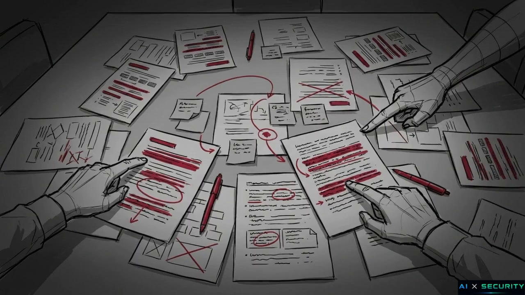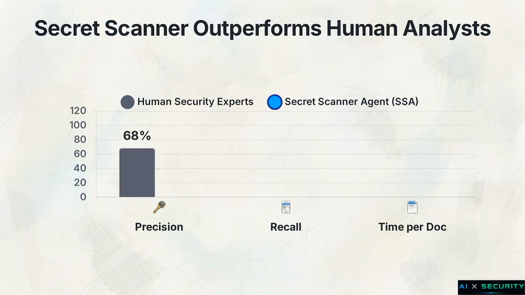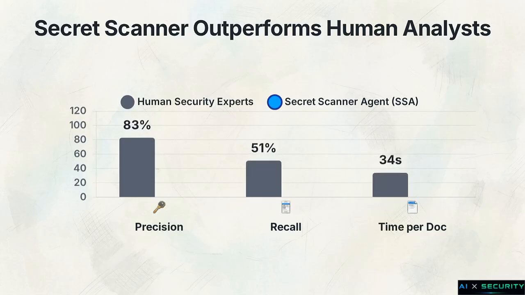To test the system's limits, 13 security experts were tasked with extracting credential resource pairs from 45 unstructured documents and were benchmarked against the multi-agent SSA. Humans reached 83% precision, but parsing dense logs dropped recall to 51%, taking 71 seconds per document.